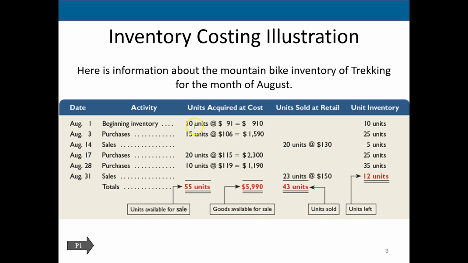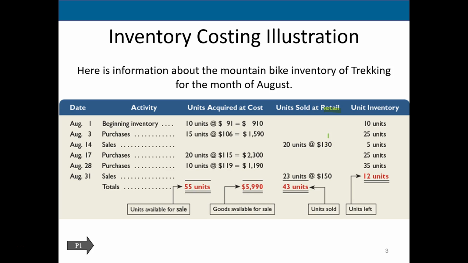But in any case, now we have the 10 plus the 15, or 25 units over here. Then we have a sale of 20 units times the 130, that's at the retail price. There's another thing that's confusing about cost flow.